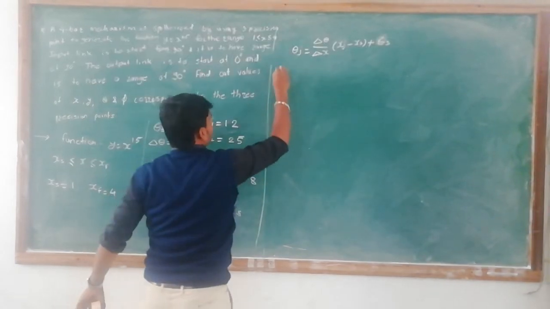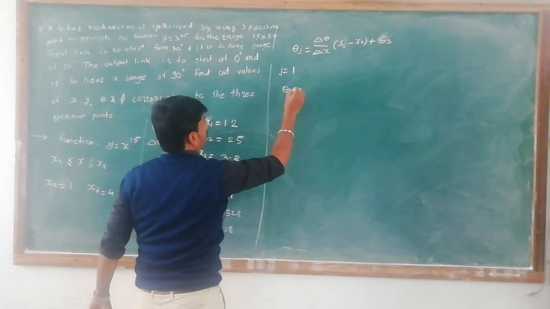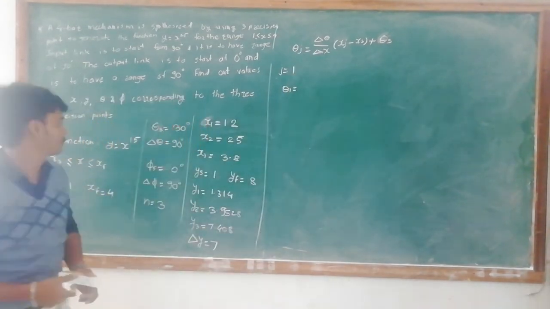So for j is equal to 1, theta 1 is equal to, what is the value of delta theta?